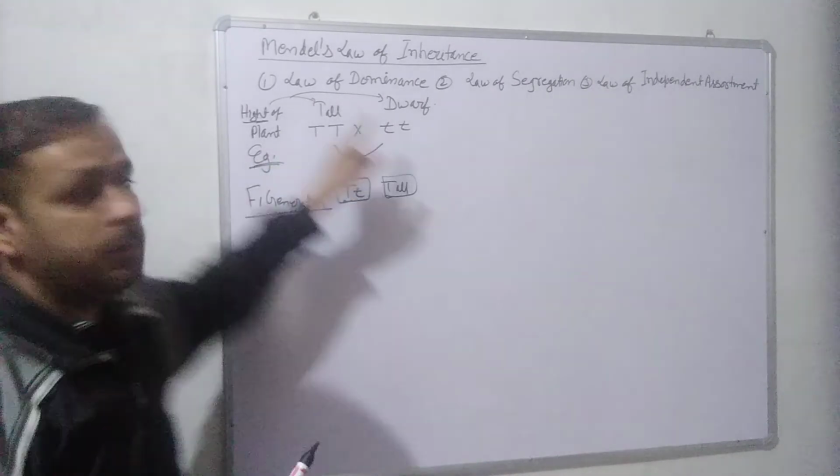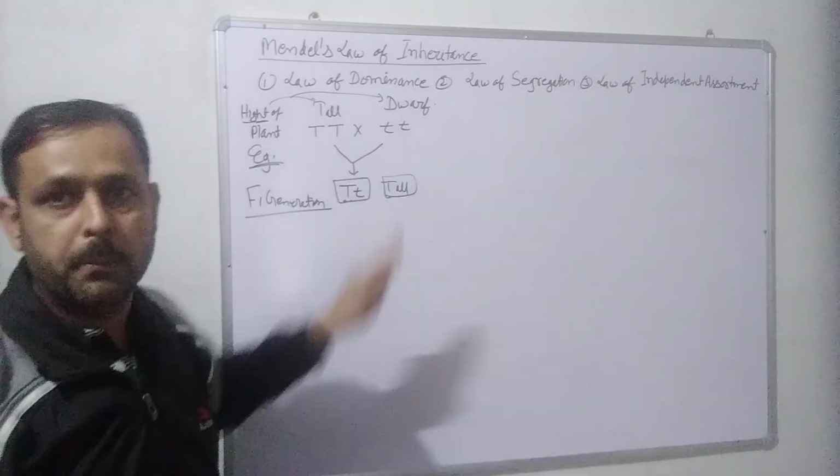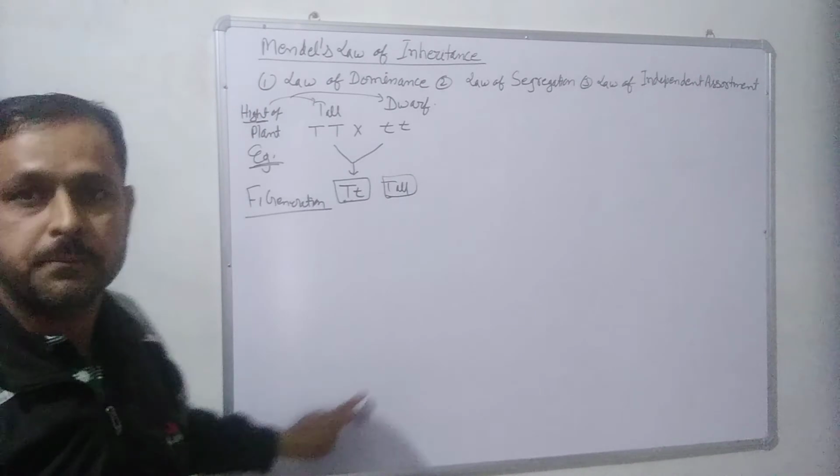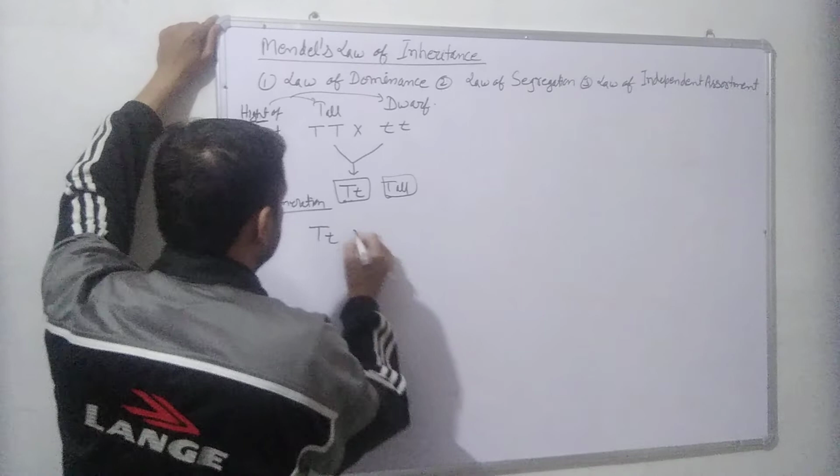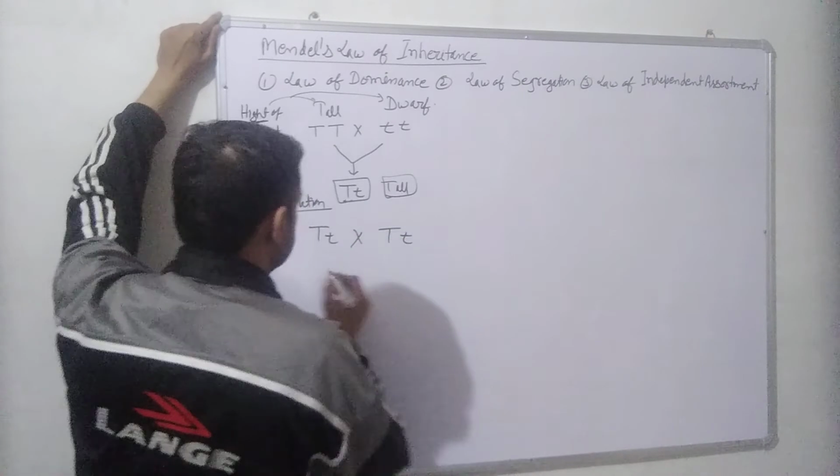और अगर आपके लॉ ऑफ डोमिनेंस आता है, 2 मार्क का क्वेश्चन आता है, तो आपको F2 जनरेशन तक इसमें रेशियो निकालना है. जैसे अब यहाँ आगे क्या होगा कि F1 जनरेशन का क्रॉस F1 से करवाते हैं.